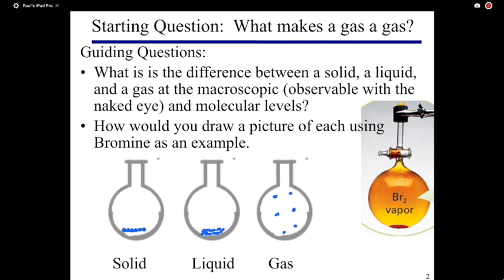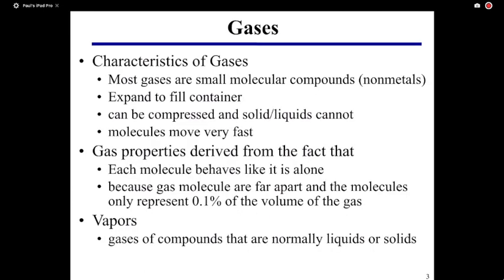They behave like they're all by themselves, and they take up a very small fraction of the space that they're in. Okay? So most gases are really, in true life, small molecular compounds. They're usually nonmetals. They expand to fill containers. They can be compressed, and the movement of the molecules is very fast.